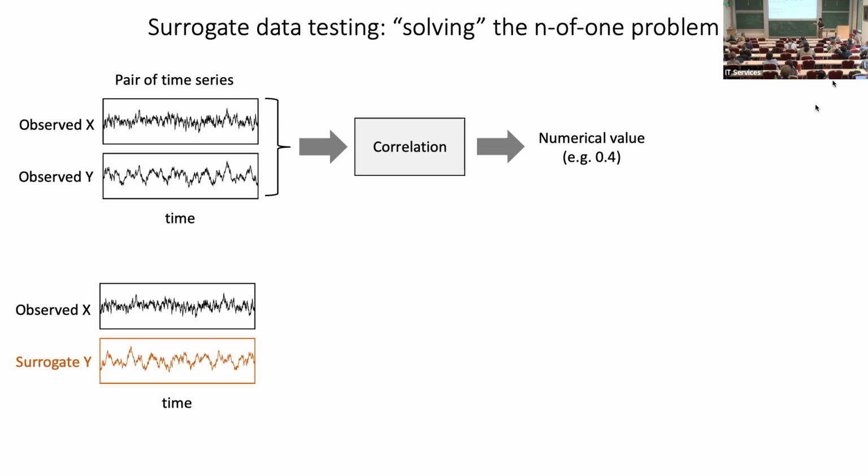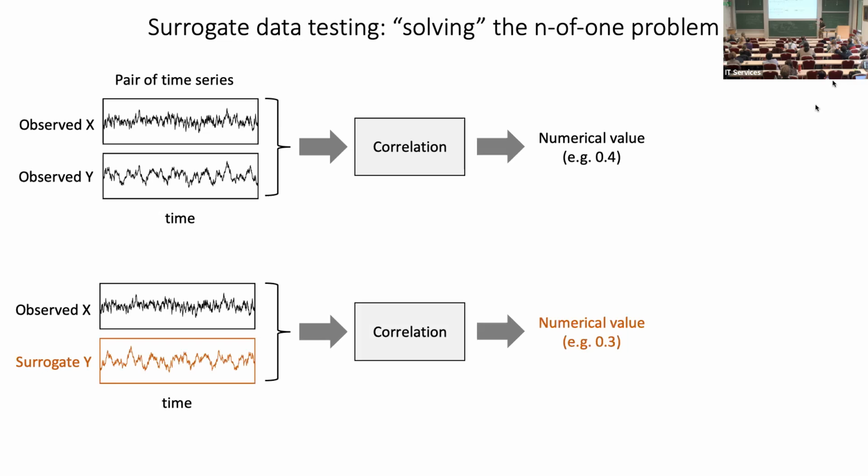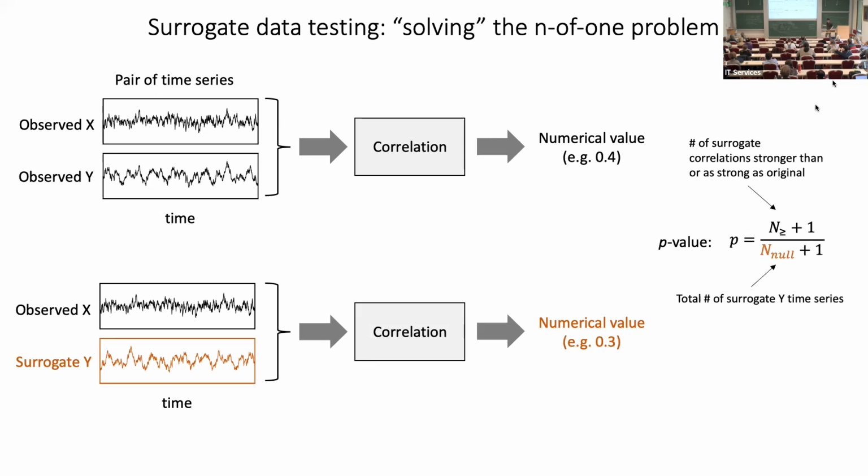Next, we'll replace y with a surrogate, and this is going to come from your computer simulation. Then we'll just run it through the same process. So we didn't change x, but we did swap out y. And this will be our null correlation. We'll do this a lot of times, and then we'll use the same formula that I quoted before. P is n bigger plus 1 over n null plus 1, where n bigger is the number of surrogate correlations stronger than or as strong as the original, and n null is the total number of surrogates.